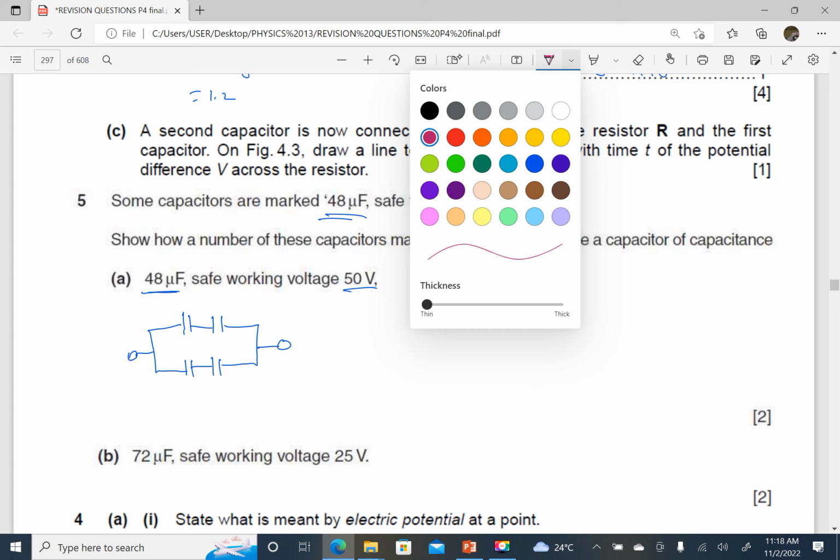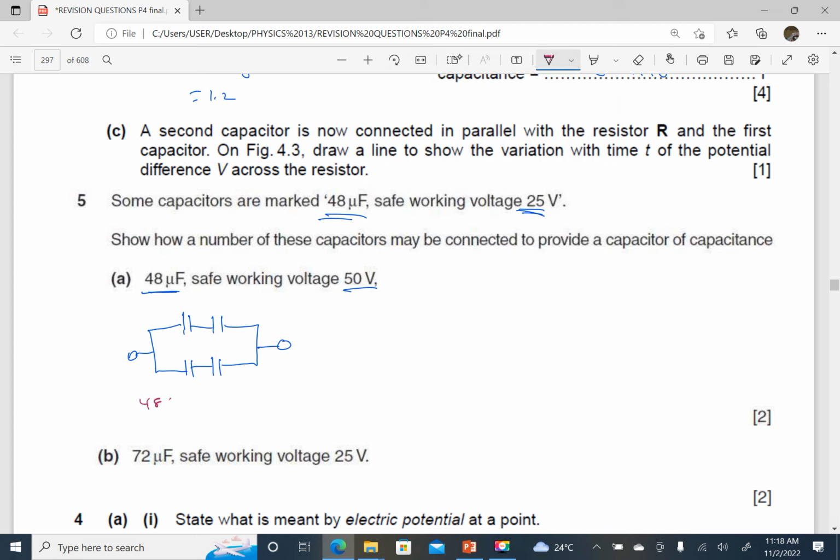Each of these capacitors is 48. For those in series, we use product over sum: 48 times 48 divided by 96. So when these ones in series are combined, you get 24.